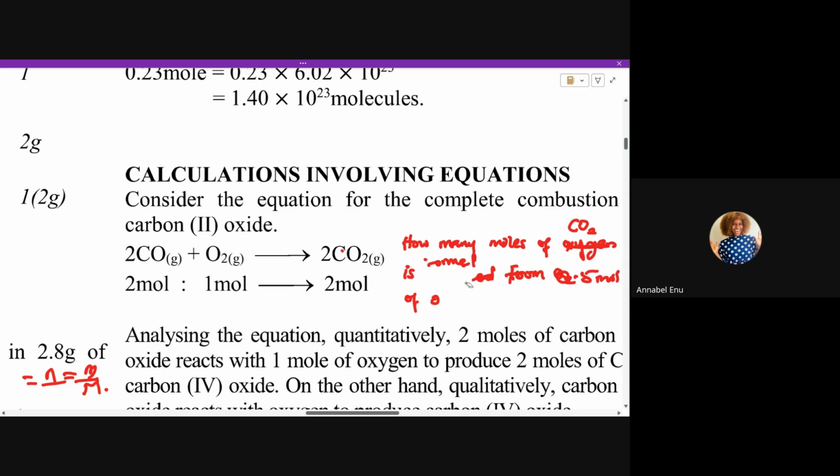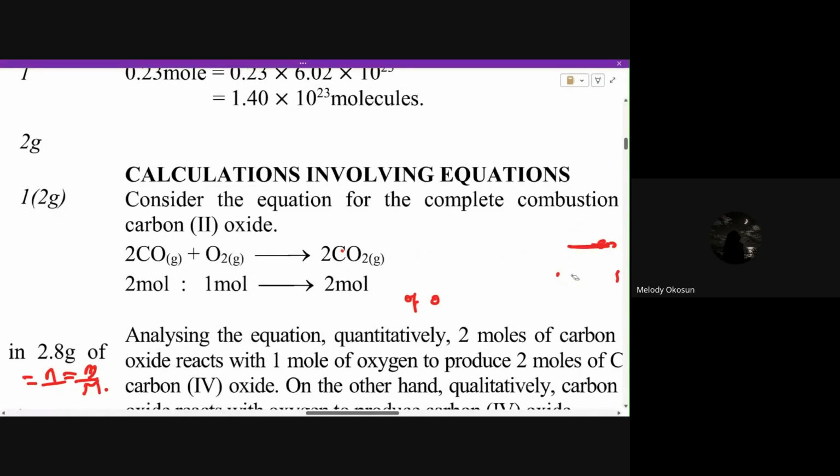So here again, we're still going to use a balanced equation. Let me properly write this again. 1 mole. Who was answering? Is it the winner that just joined? No, it's Melody.